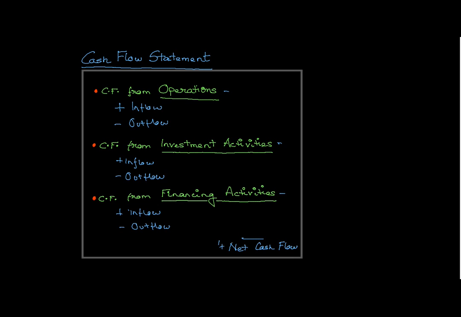The cash of the company increased. If this value is negative, in that case, that means over the defined period of time, the company lost cash. That means it paid out more cash than what came in. Okay, so this is the basic idea behind a cash flow statement.